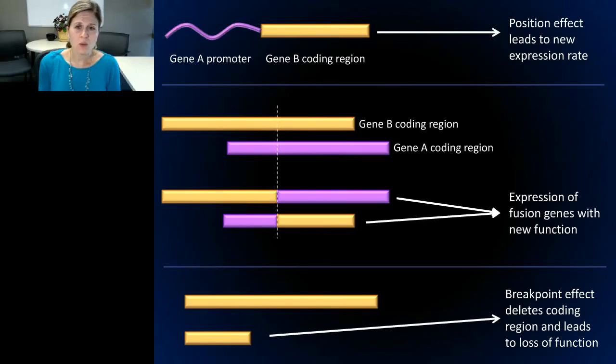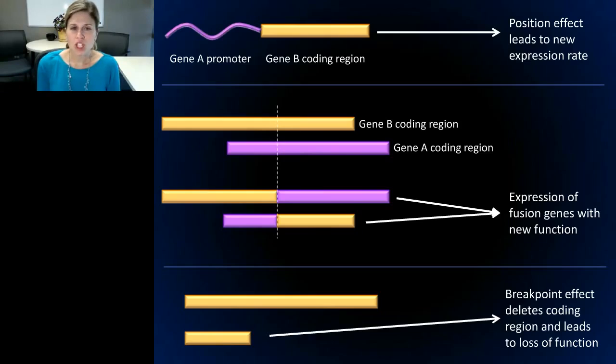On the top, you see that we have a position effect in that there is the coding region for a gene. Following a simple translocation, a reciprocal translocation, or an inversion, by flipping some of those DNA segments around or moving them to other places in the genome, one gene, in this case gene B, the coding region, as indicated by these larger, thicker rectangles, is now going to be in proximity to a promoter for a different gene.